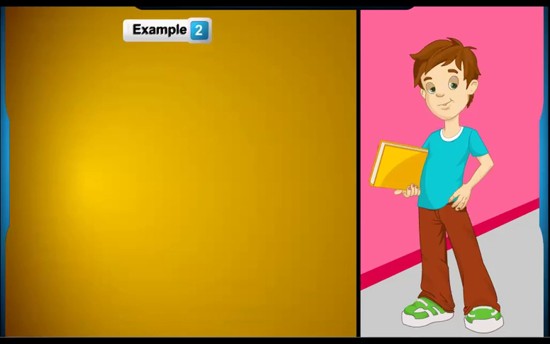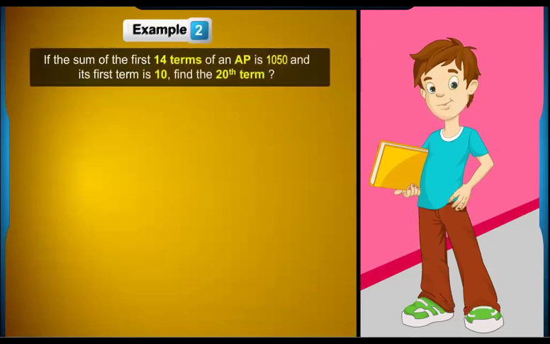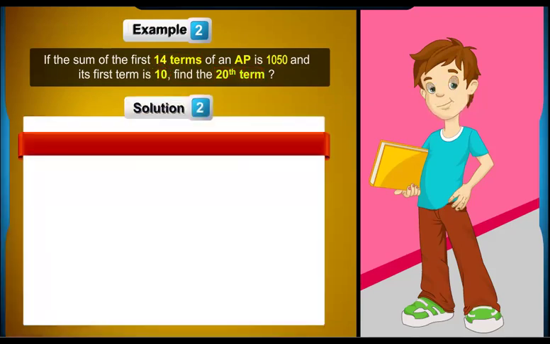Example 2. If the sum of the first 14 terms of an AP is 1050 and its first term is 10, find the 20th term. Solution. Here, S14 = 1050, n = 14, a = 10.